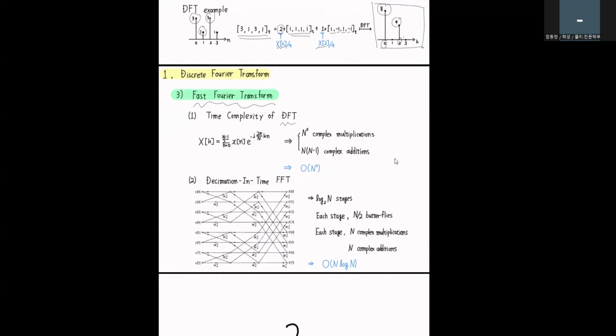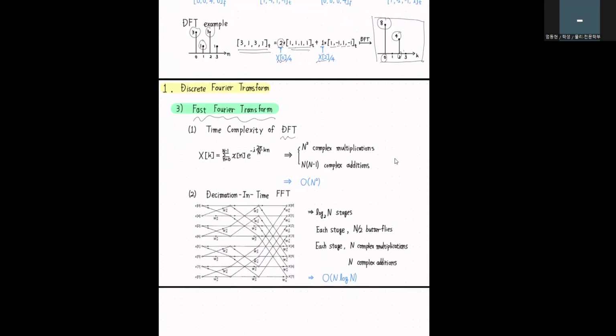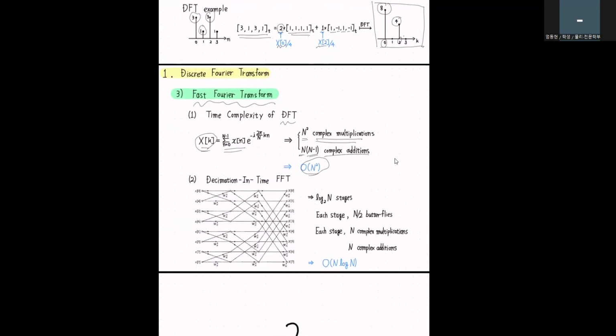So we would multiply a matrix to our signal to get the reconstructed discrete Fourier transform. And this takes n squared complex multiplications and n times n minus 1 complex additions. So it's on the scale of n squared in terms of space complexity.